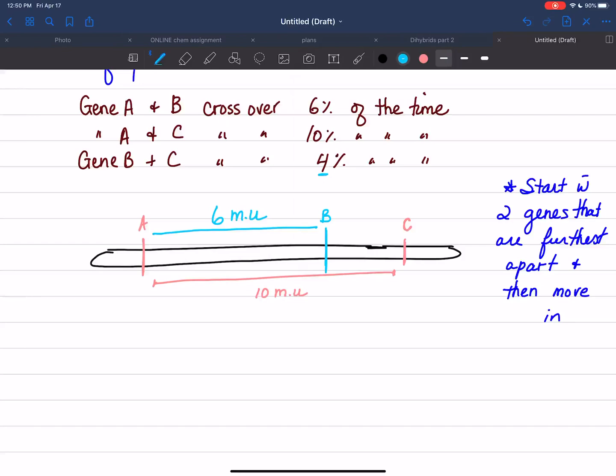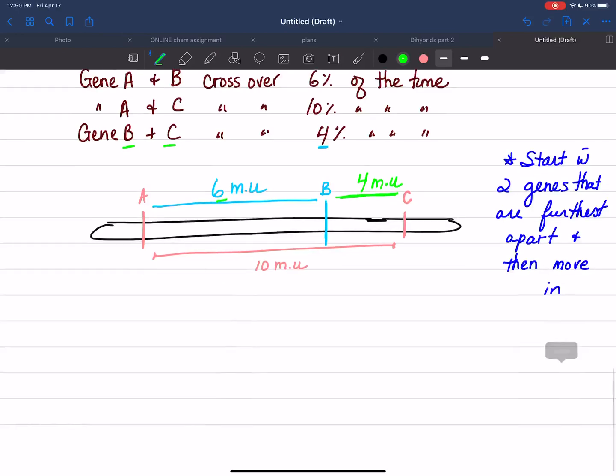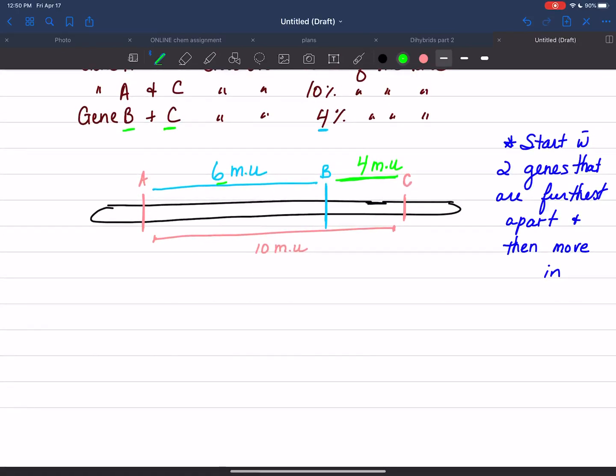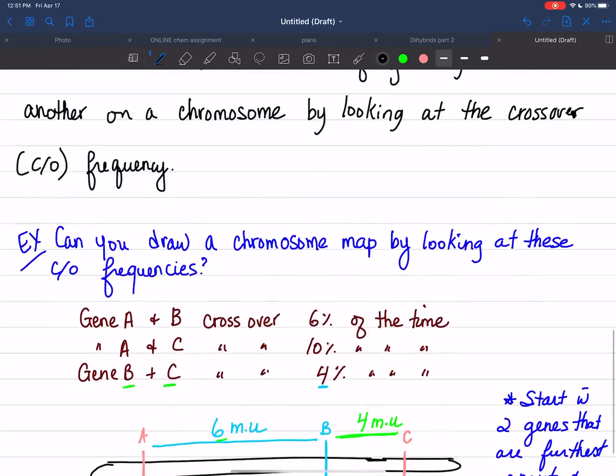And then what I'm left with is this little chunk of B and C. Now, 10 minus 6, that should be 4 map units apart. And according to my question, B and C are 4 map units apart. Okay? So again, you start on the outside, the 2 furthest ones, and then you move your way inward.